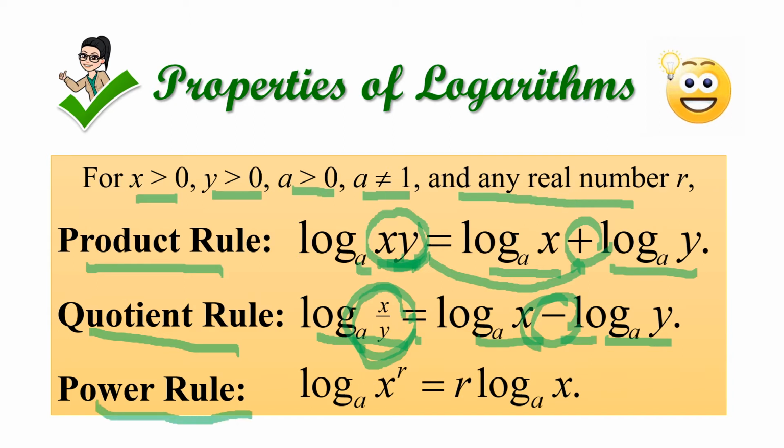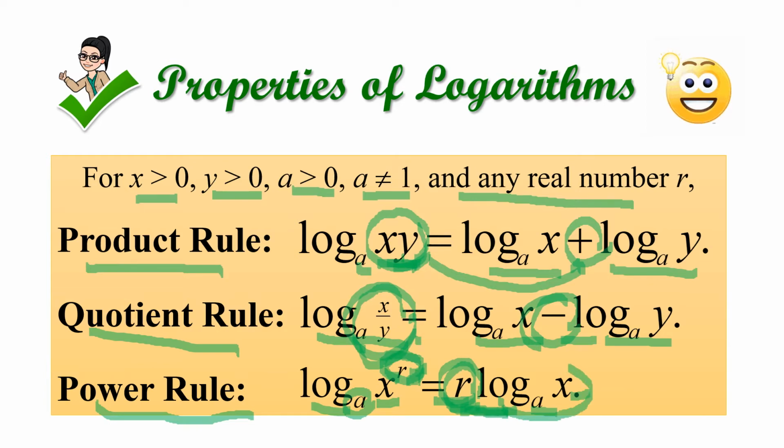Next, power rule. Logarithm of x raised to r to base a is equal to r times logarithm of x to base a. So what happened here? On the left side, r is our exponent. And then on the right side, r now is placed before the logarithm. Meaning to say, from exponent, you have to bring it down before the logarithm.